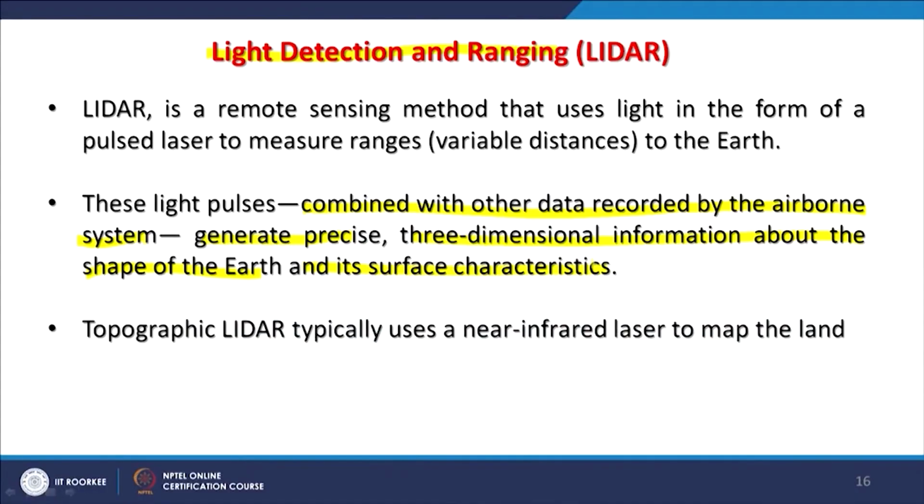Now, topographic LIDAR, for generating a digital elevation model, basically uses a near infrared laser to map the land, not really visible light, but near infrared, because it has to cover a large distance from space to the earth. So, it has been found that an infrared laser is better when distance is involved than simple light.